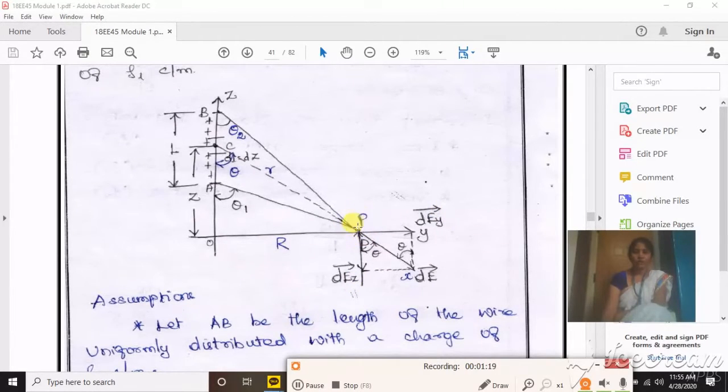Therefore, the total field exerted at point P will be the vector dE, which is equal to the vector sum of dEy and dEz. A is the starting point of the conductor and B is the end point. The angle made from the starting point of the conductor to the point under consideration is θ1.